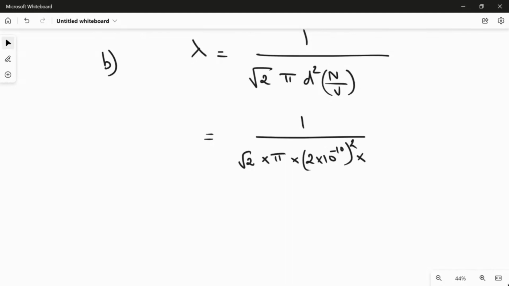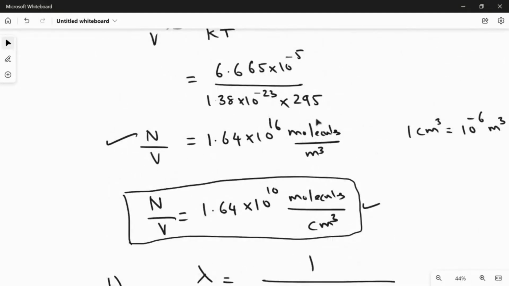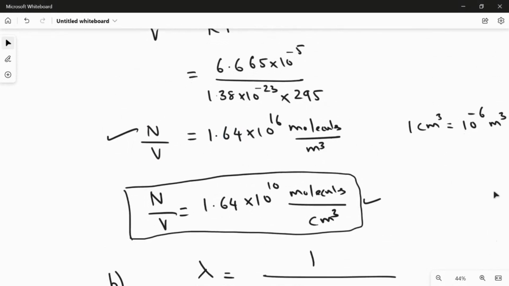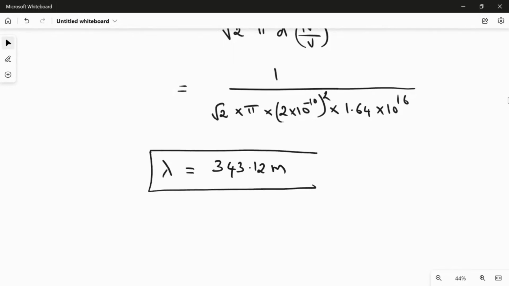Because I already converted the molecular diameter to meters, I have to take N over V in terms of molecules per meter cube, so I use 1.64 multiplied by 10 to the power 16. I calculate the mean free path and got the answer as 343.12 meters. So this is the answer for the second part. That's it. Thank you.